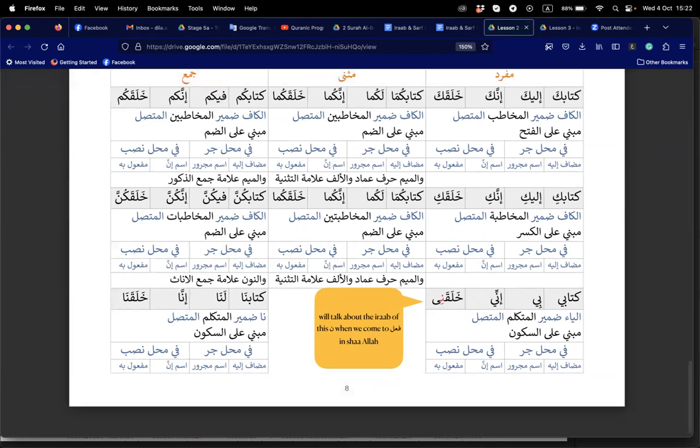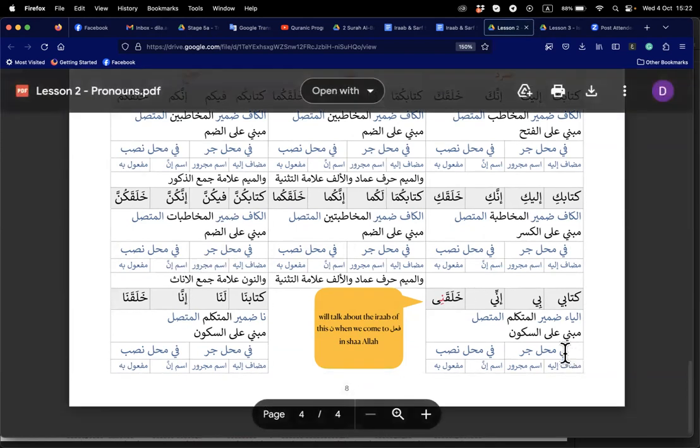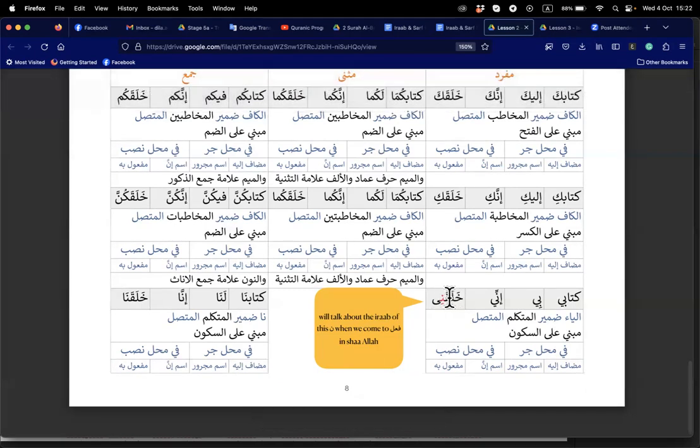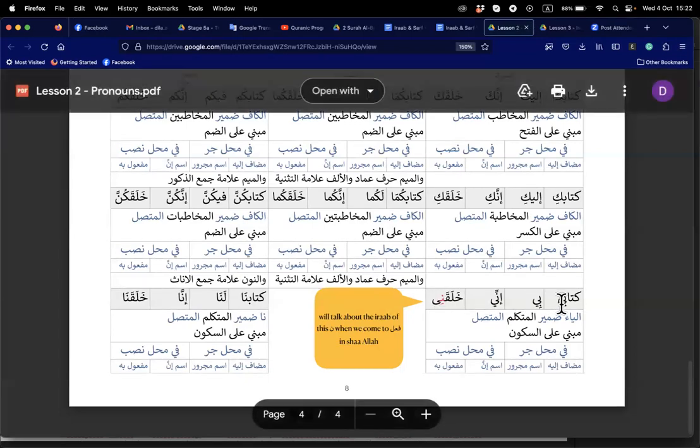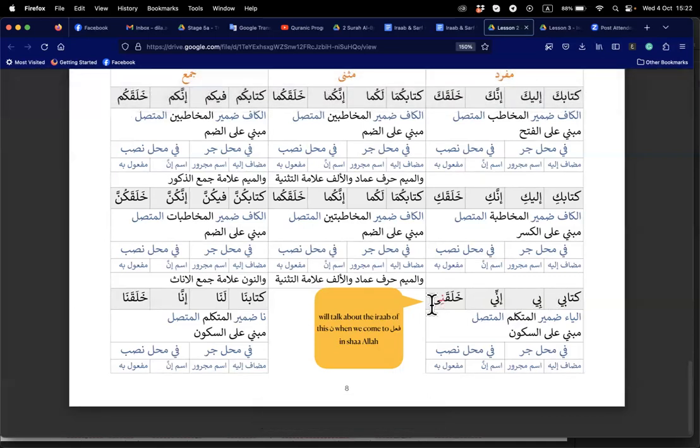Okay, this one, ana, like I said, the ya is your dameer. Whether it's with the ism, even with the fi'il, like 'qadani', the noon is a different thing. We will talk about that when we see it. Otherwise, yes, the noon is a different thing. The ya is your dameer muttasil here. Okay, mutakallim, first person, mabni ala sukun, or sometimes you will see mabni ala fath, like what we saw yesterday for 'kitabiyah'.